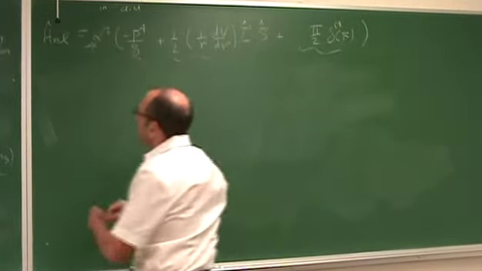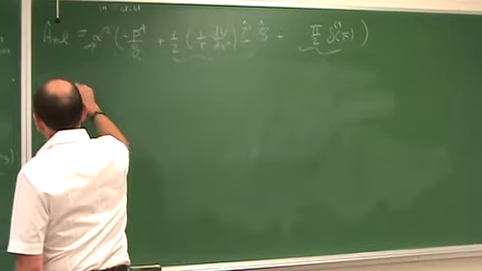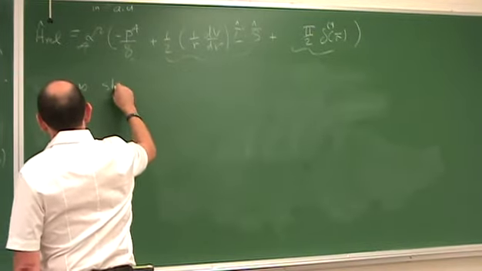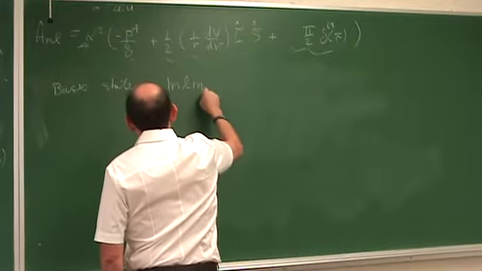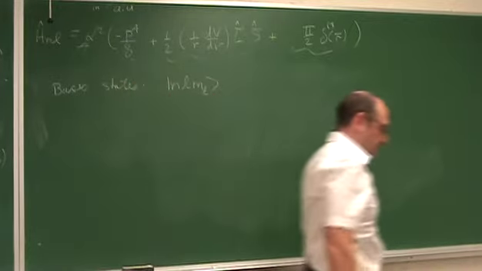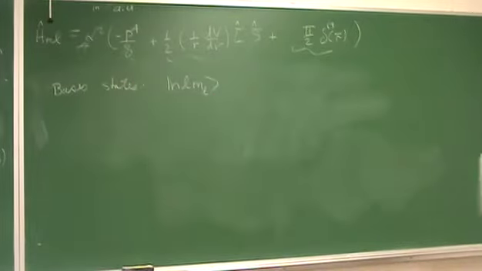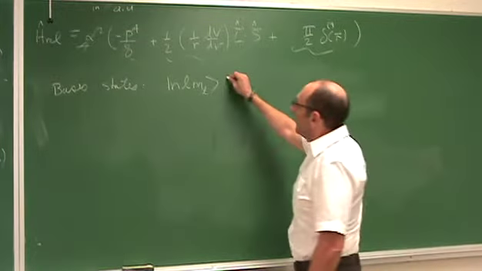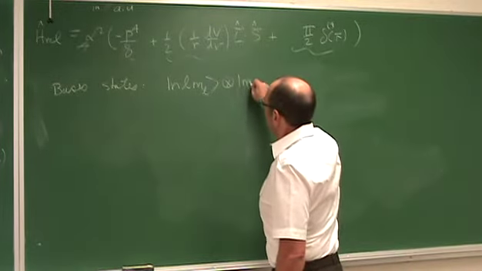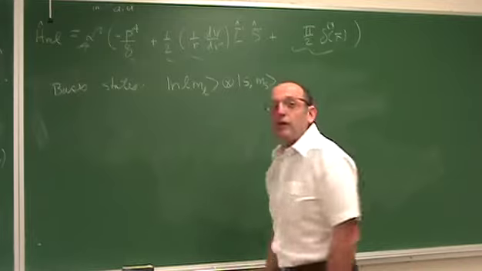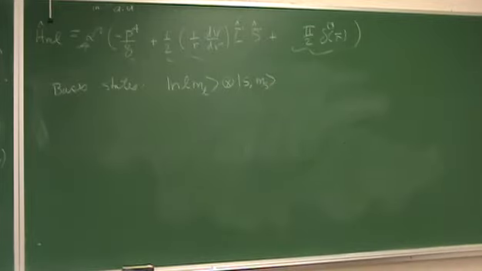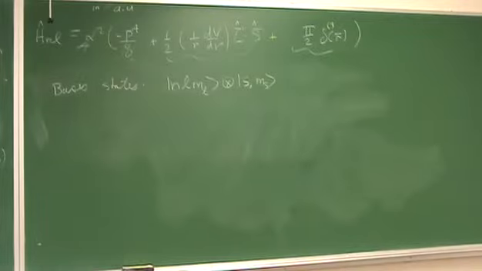So my basis states involve our familiar orbitals, excluding spin, tensored with the state having to do with the spin of the electron.